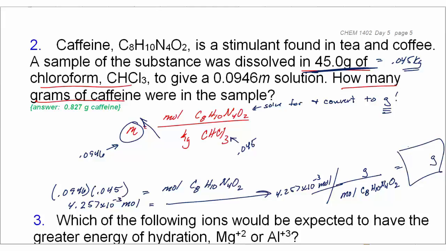So we've got 8 carbons. 8 times 12.01 plus 10 times 1.01 plus 4 times 14.01 plus 2 times 16, about 194.22. So about 0.827 grams of caffeine.